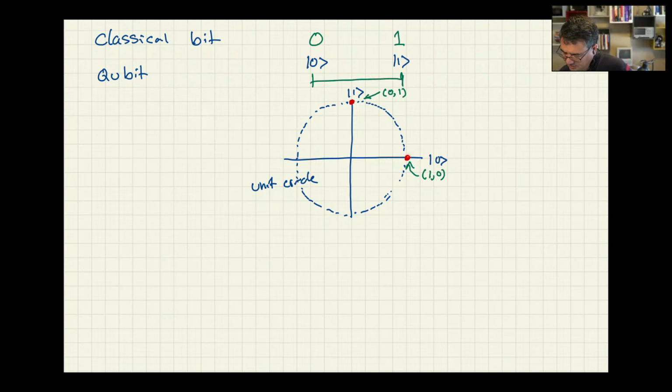All right, so you're following that. If your qubit is over here, it's in the 0 state, and we can represent it with the xy coordinates 1, 0. And if it's in the 1 state, we can represent that with 0, 1. And if it's halfway in between the 0 state and the 1 state, it's sitting here.